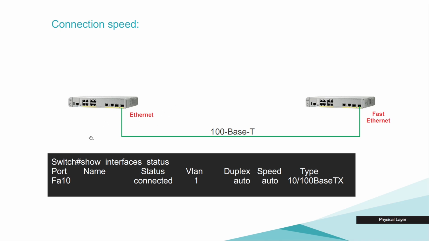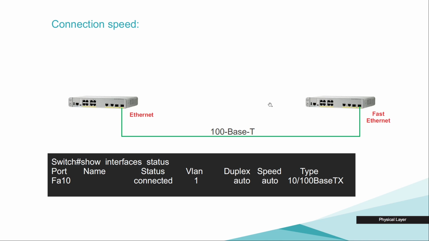So if we take a look at our switch here, this is the show interface status command in this switch. As you can see, the interface FastEthernet 10, which is this interface, is saying right here it can support 10 or 100 base TX.